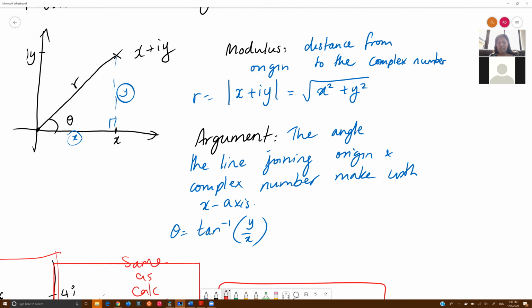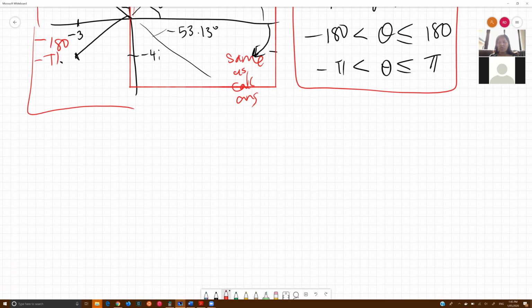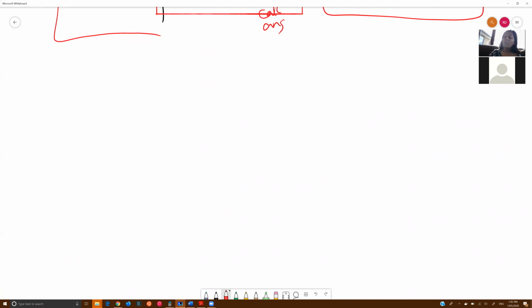Modulus is the distance from the origin. We use Pythagoras to work it out. Argument is the angle the line makes with the x-axis, and we are using tan inverse of y over x. Now, the next thing is something called the modulus argument form, or it's called the polar form.